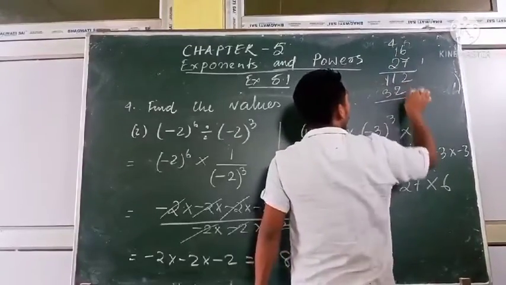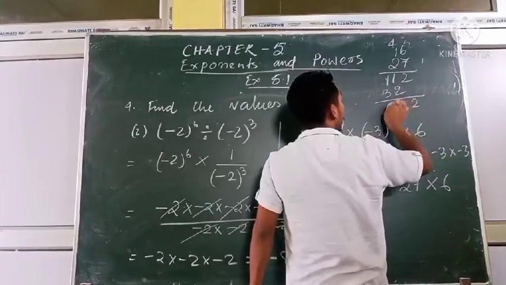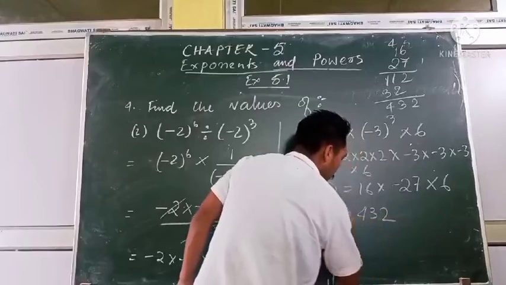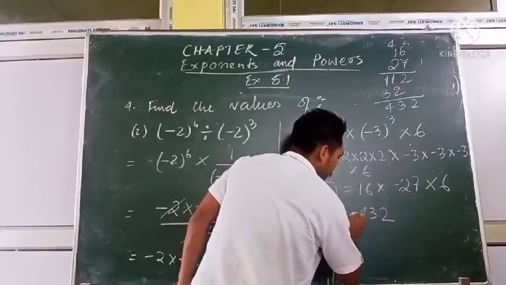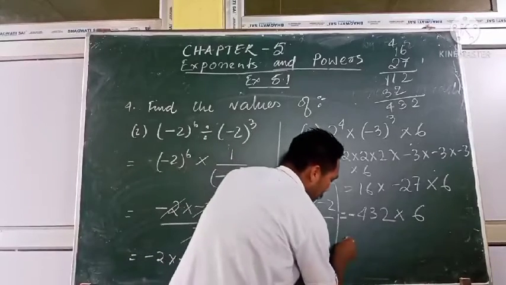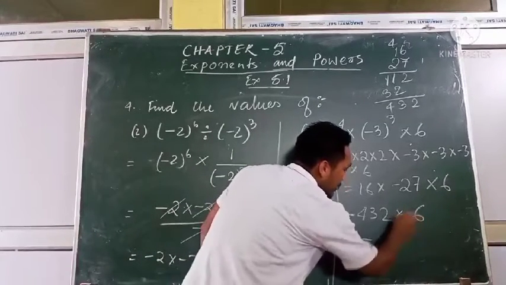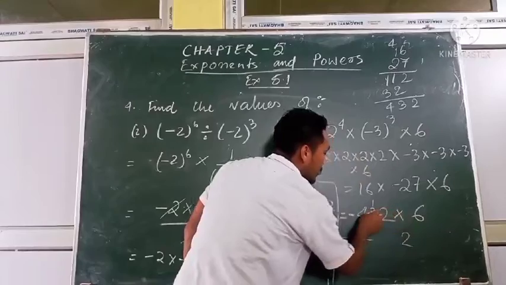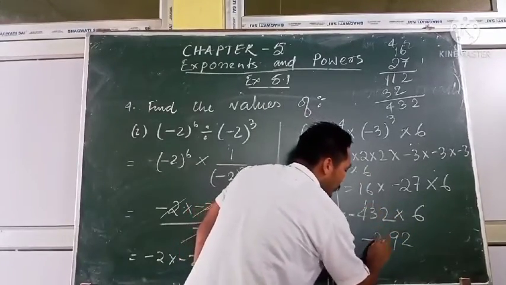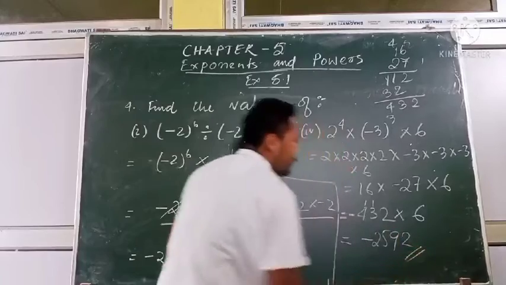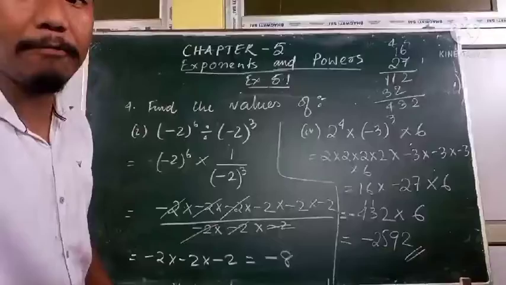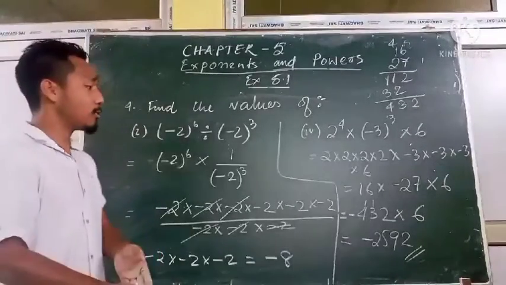So your answer is 432, minus 432, into 6. Again multiply by 6. 6 times 2 is 12, 1 and then 6 times 3 is 18, 19, 1 and then 6 times 4 is 24, 25. So your answer is minus 2592.